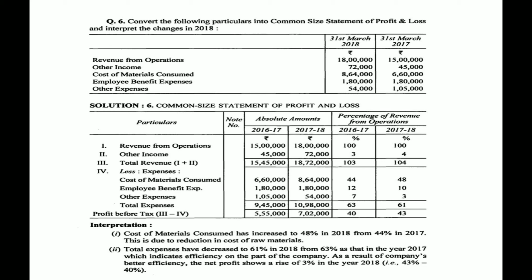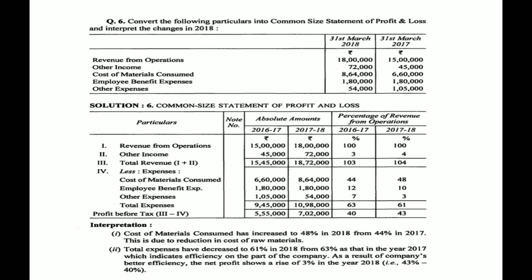It is good for the company because the expenses have decreased. We reduce our expenses, which is good for the company, and it shows the efficiency of the company. It means the company is using its resources in a very good manner and reducing its expenses.